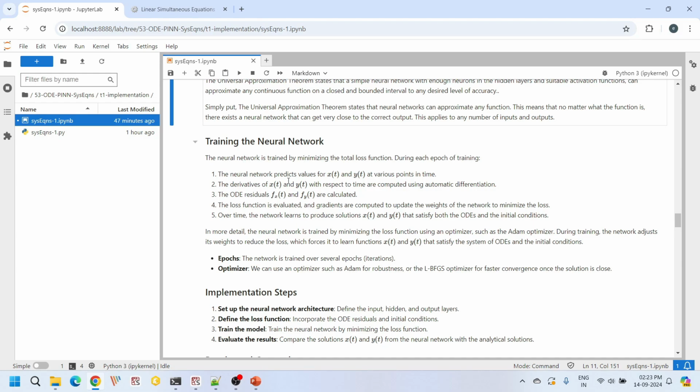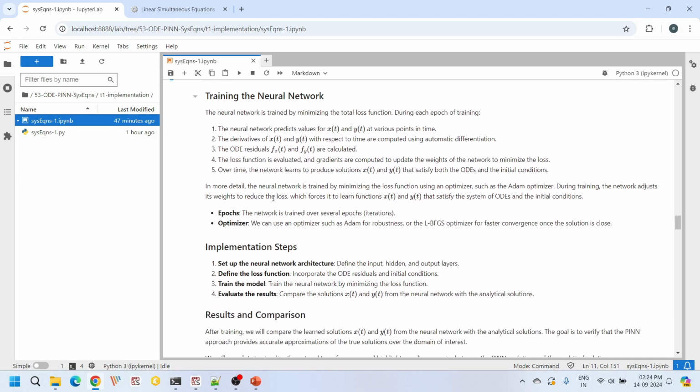And once we evaluate the derivatives, we have to compute the residuals, and then we evaluate the total loss function, and then we compute the gradients to update the weights of the network to minimize the loss. And we repeat this process continuously until we get the total loss to a lower number than the specified tolerance.